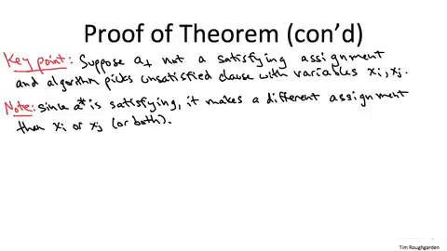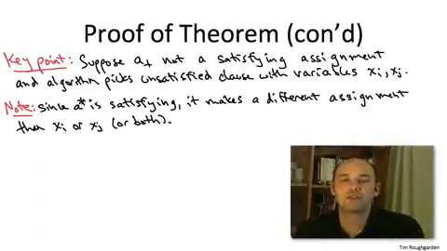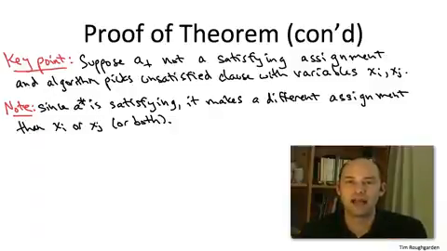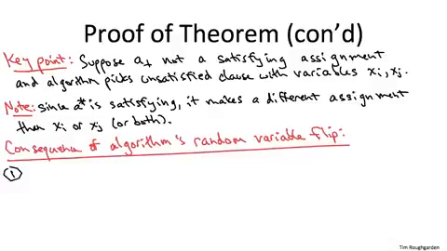And the amazing part is just this simple observation is enough to imply that we're going to make progress on average. Here's exactly what I mean. Papadimitriou's algorithm is going to choose either x_i or x_j, that choice is uniform at random, and it's going to flip the value currently assigned to that variable.